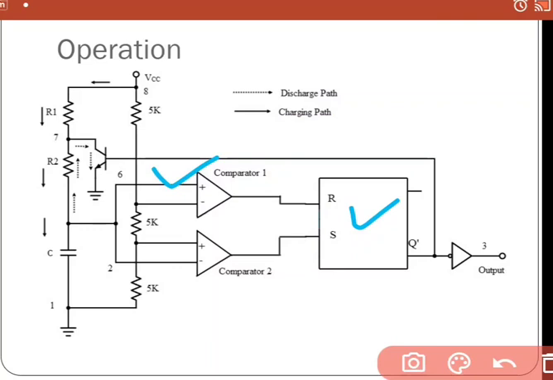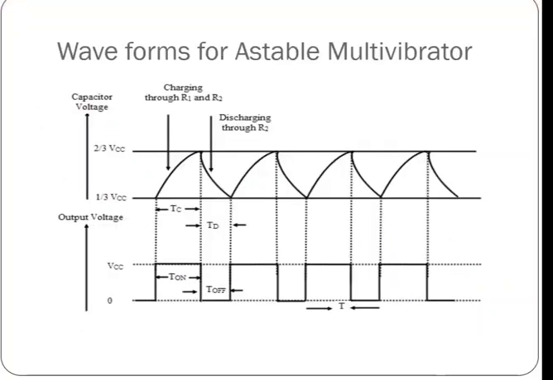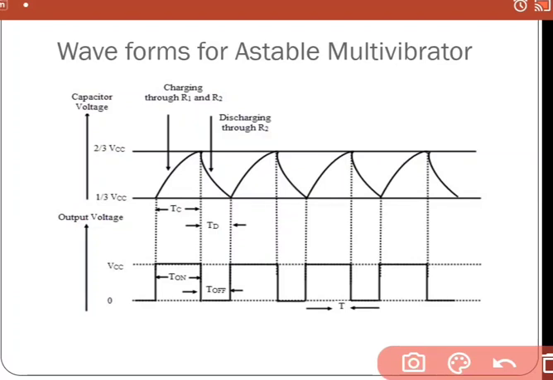Q bar will be 0 and this transistor will be turned off. The capacitor will then discharge up to 1/3 of VCC, and it will go on and on.